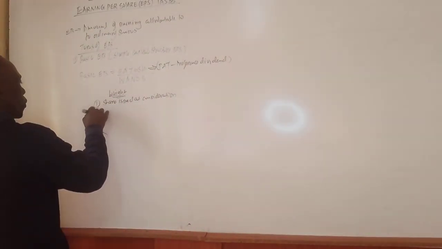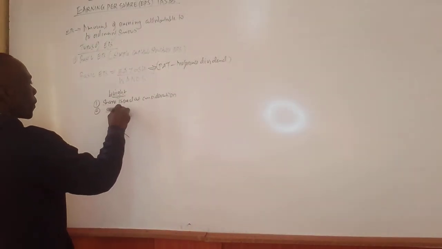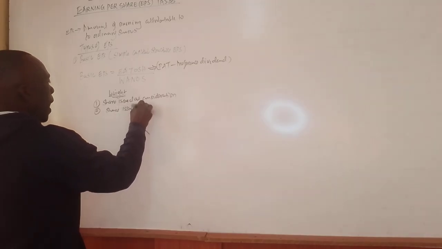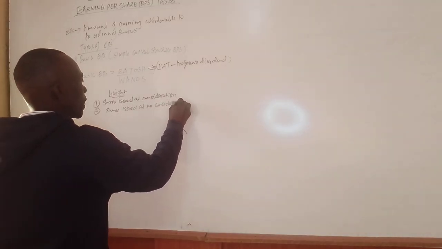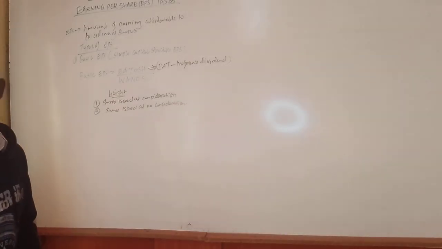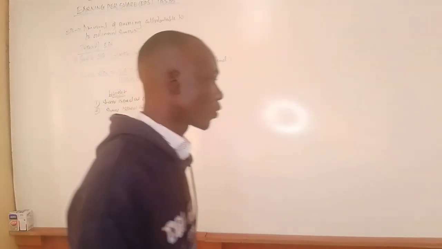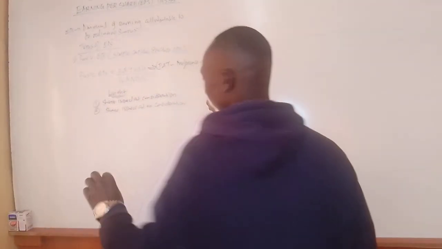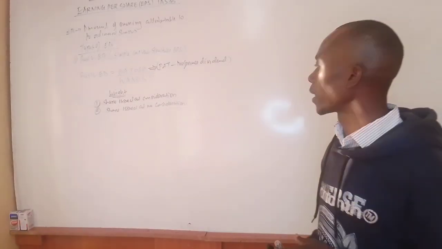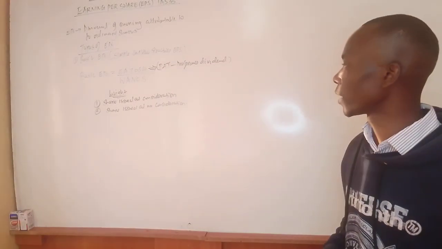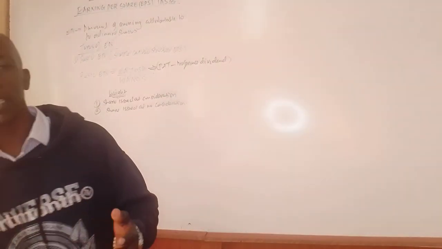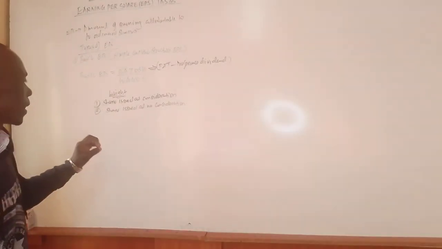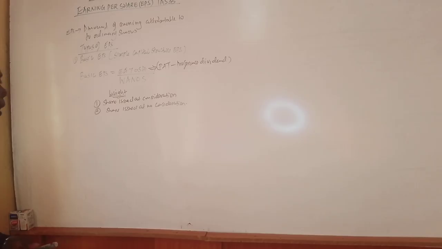While number two, we have the shares issued at no consideration. These are those shares which will give us no additional resources. We are going to utilize the resources that we already have.